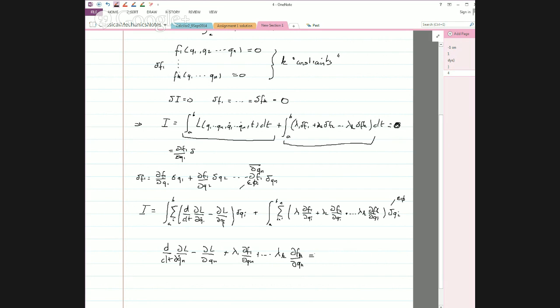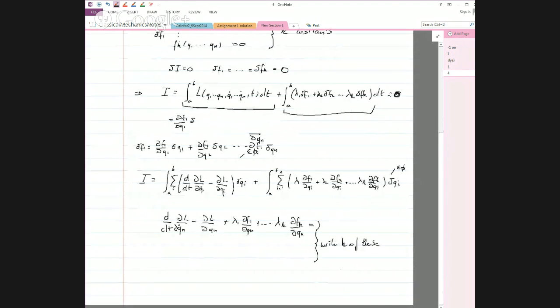And so we can write k of these equations. And so here we'll have the same equation with i equals n minus k. And now we can choose the lambda k's so that these k equations are 0.